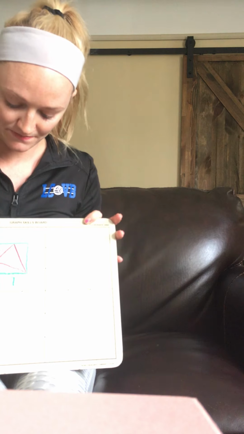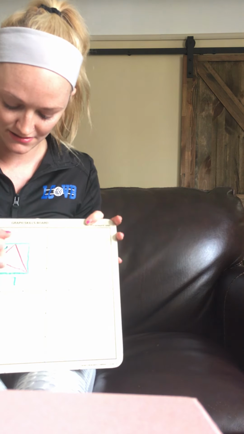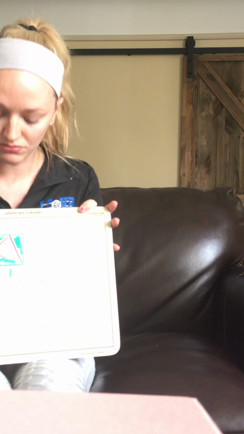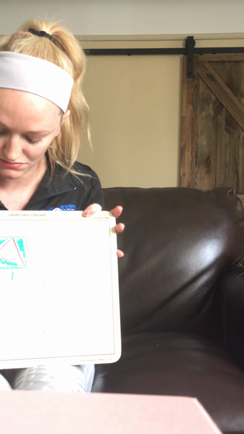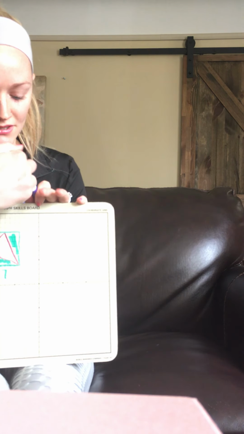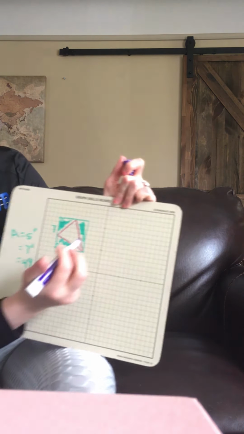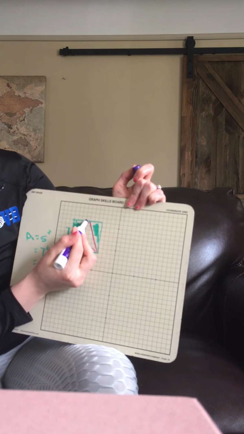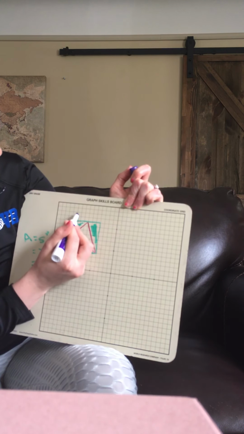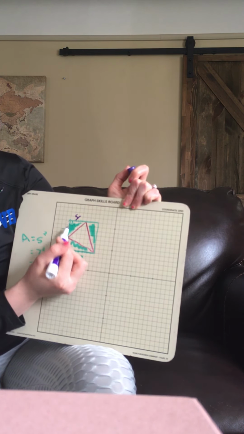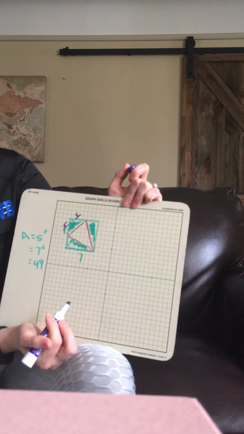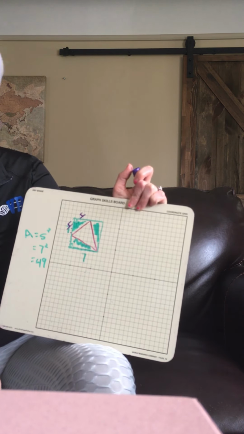But notice, these 3 green pieces, I need to subtract off. Do you see how they come to a right angle here? That's why I can use my formula of a triangle now. I'm going to have to do that 3 times. If I count here, I have 1, 2, 3, 4. 1, 2, 3, 4. So this would be a 4 by 4.